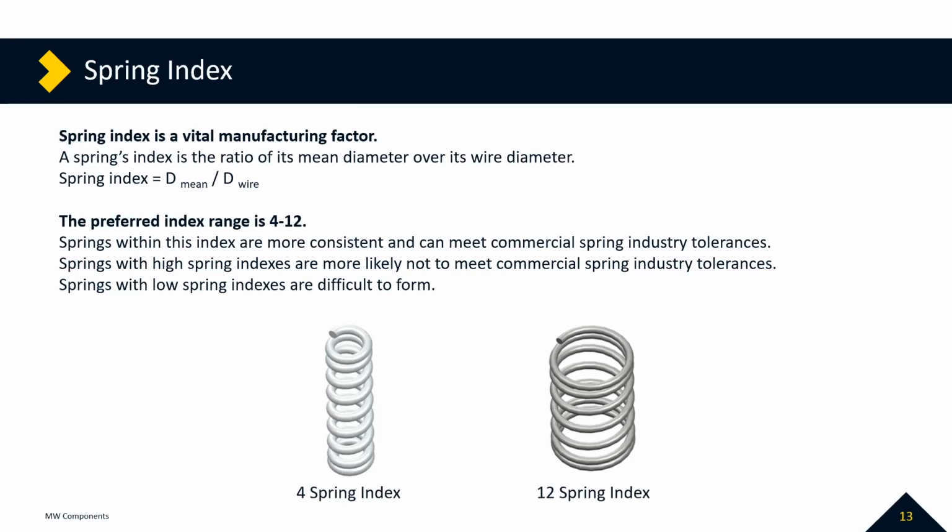On the flip side of that, moving away from a ratio of 4 on up to 12 starts to resemble more of a slinky, if you will. It gets a little bit unstable.